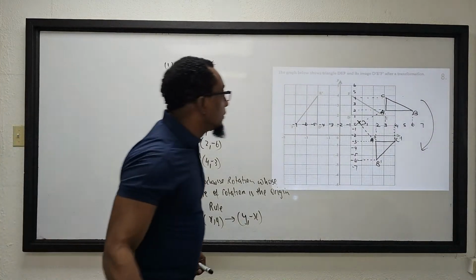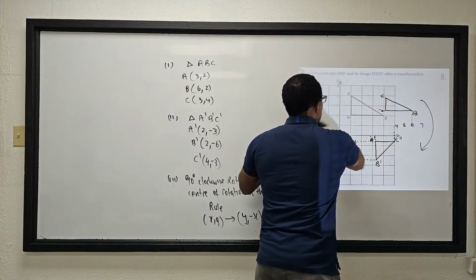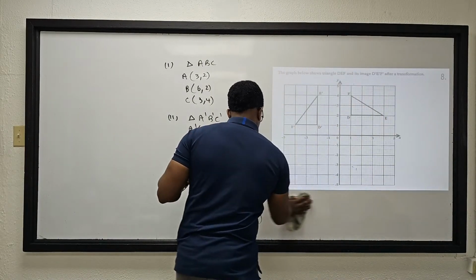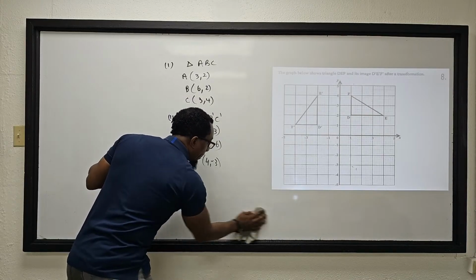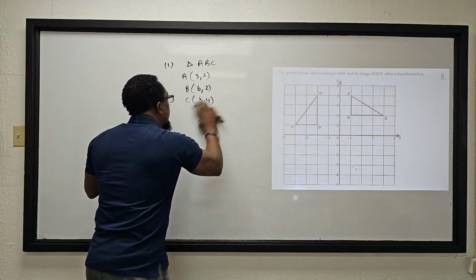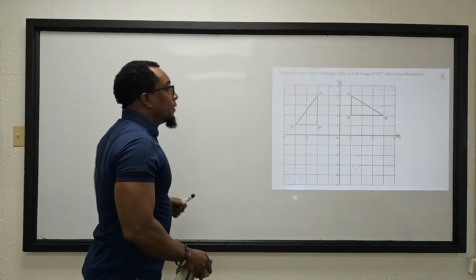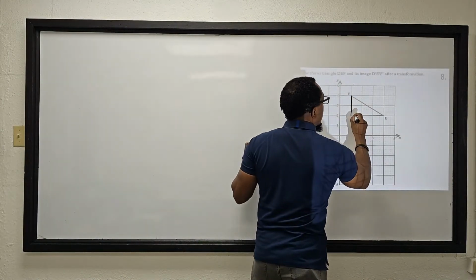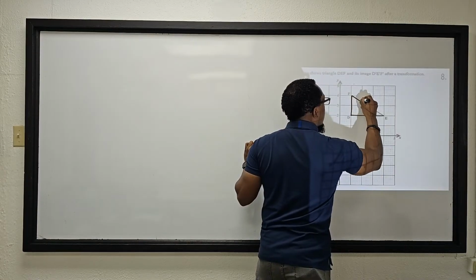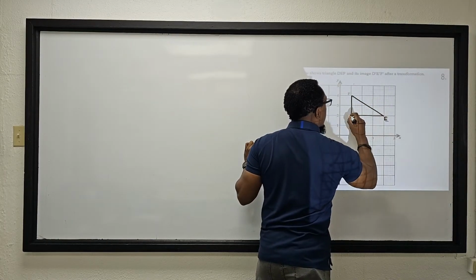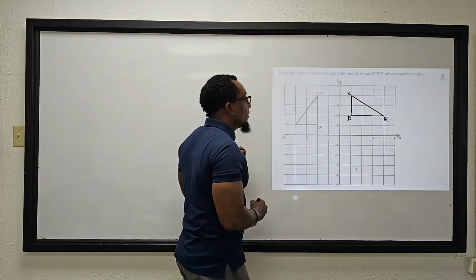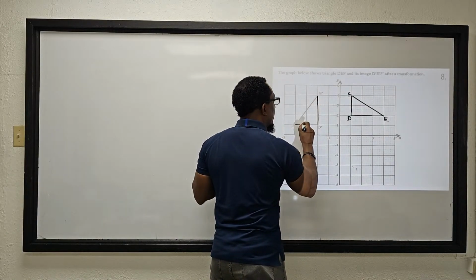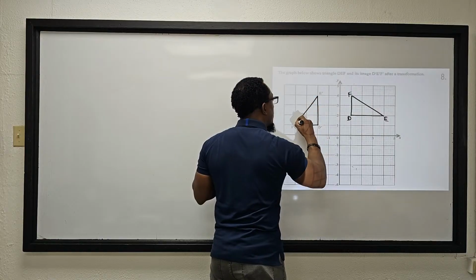So we have another. We have this triangle here, DEF, so D, E, F, and we have another triangle, D prime, E prime, F prime.